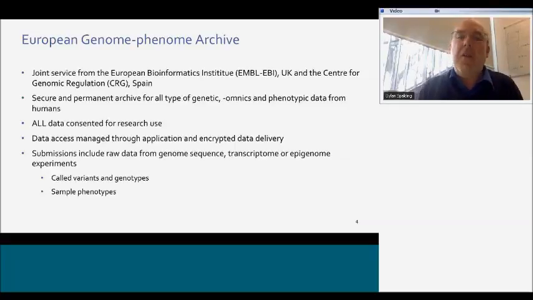This means that all the data access is managed, so you have to apply for data access, and all the data is encrypted when it's delivered to the requester. We have a very diverse range of submissions, which include genome sequence, transcriptome, and epigenome experiments. We have called variants and genotypes, and we have a lot of sample phenotypes as well.